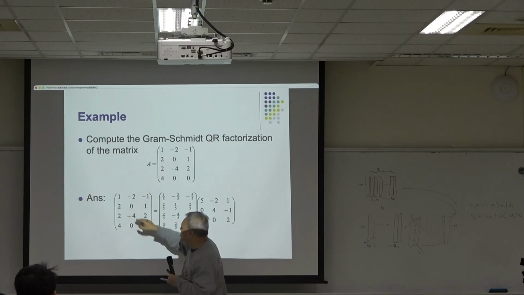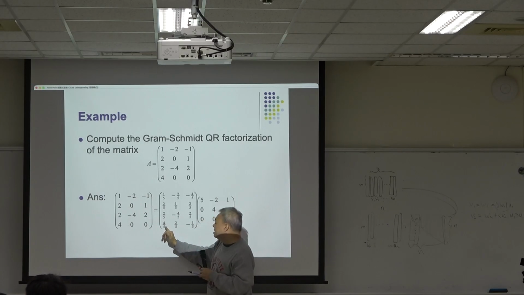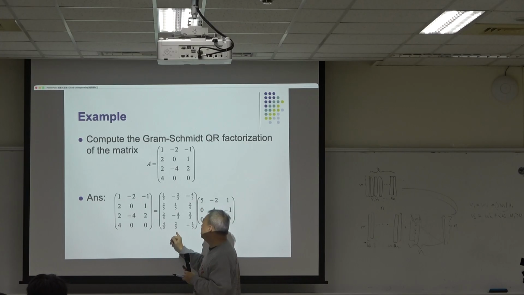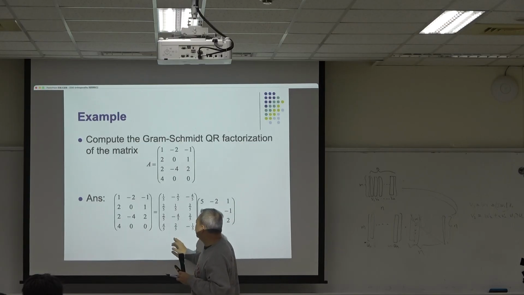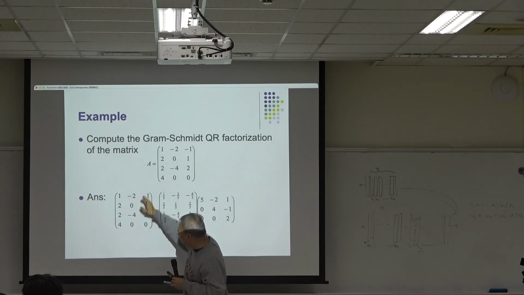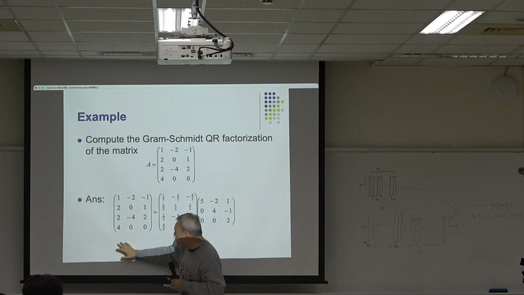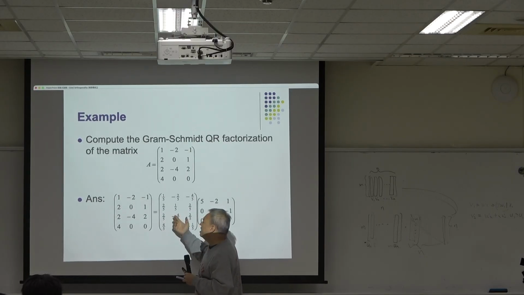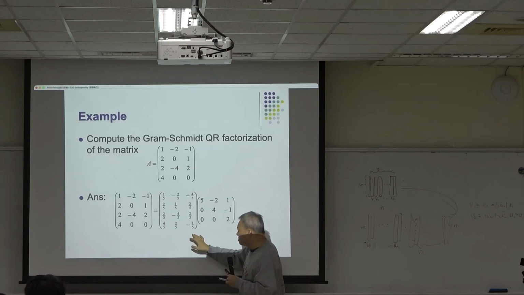And the second one, you subtract the projection of this one on this one, and then you divide by the norm. This is the third one. The third one, again, you subtract the projection of this vector onto the space spanned by these two, and then you divide by the norm. Okay, this one. So these three are U1, U2, U3.